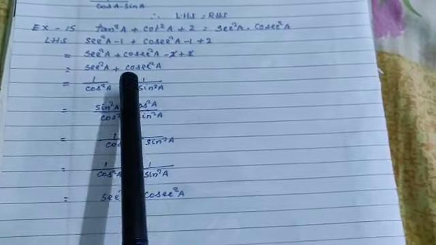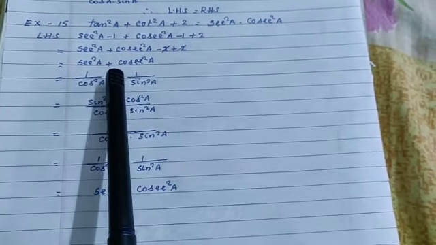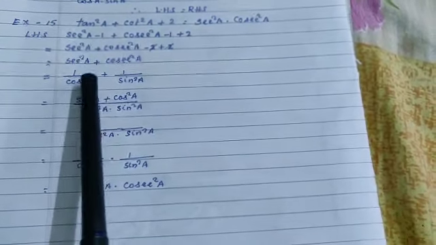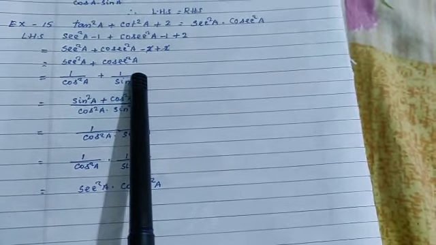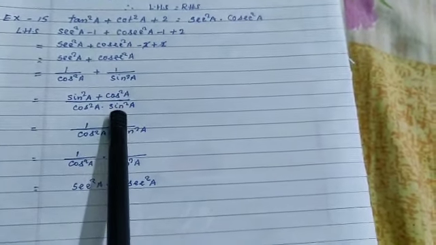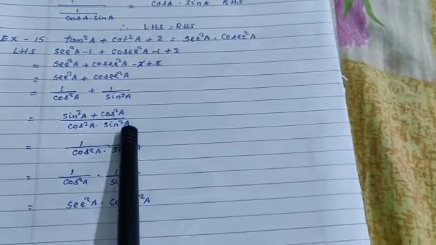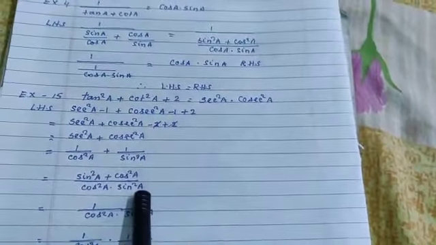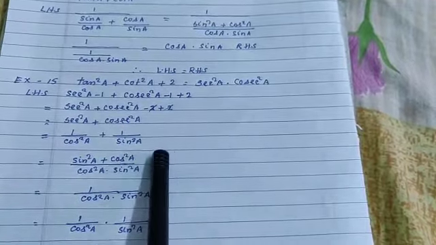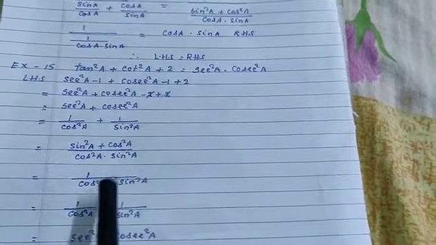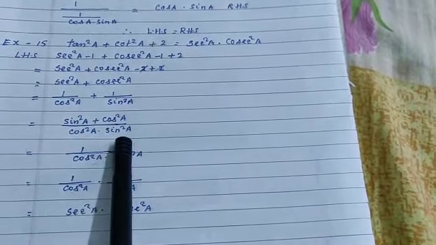Now we take the reciprocals. Sec square A is equal to 1 by cos square A, plus cosec square A is equal to 1 by sin square A. Now take the LCM, cos square A into sin square A. Now sin square A plus cos square A by cos square A into sin square A. Sin square A plus cos square A is equal to 1.